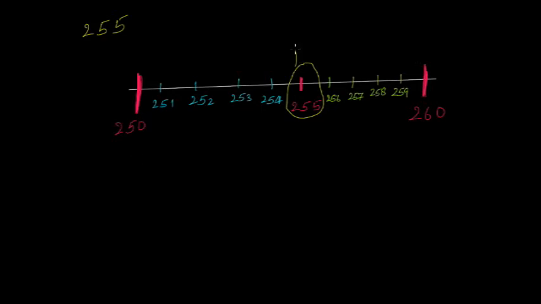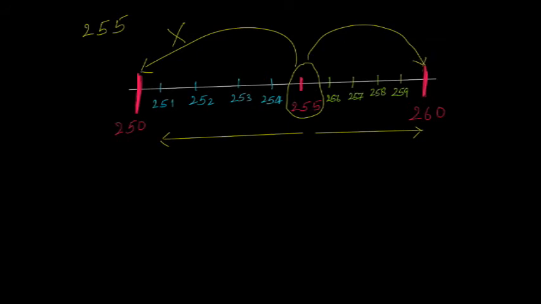So in this case, you will not go for 250, because for 255 this is also as near as 260 is. 250 is as near to 255 as it is to 260. So always go for the next one and take this one. So the answer would be 260.